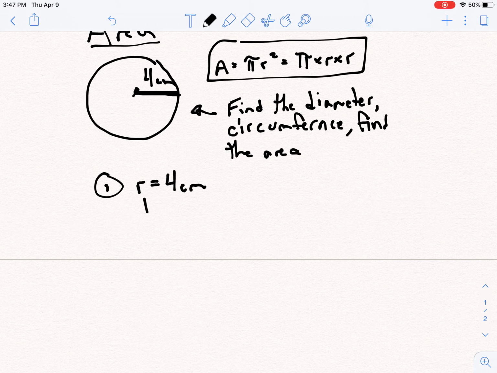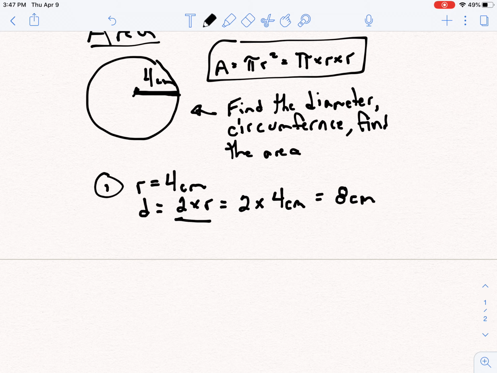We know my diameter is then going to be 2 times my radius, which means 2 times 4 centimeters, which is 8 centimeters. Okay, so reviewing all those terms, we remember that a radius is half of a diameter, or 2 radii make 1 diameter. So that's why I multiplied my radius by 2, so it's 8 centimeters.